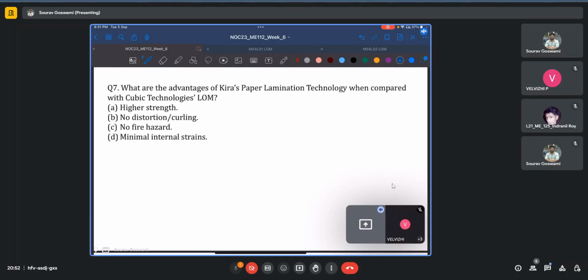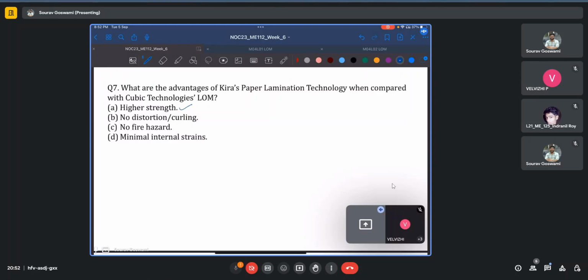The seventh question asks, what are the advantages of Kira's paper lamination technology when compared with cubic technologies LOM? So, does it give higher strength? Yes, we saw that the strength was 25% higher than even the equivalent wood. There is no distortion or curling. Yes, this is because of the use of the hot plate.